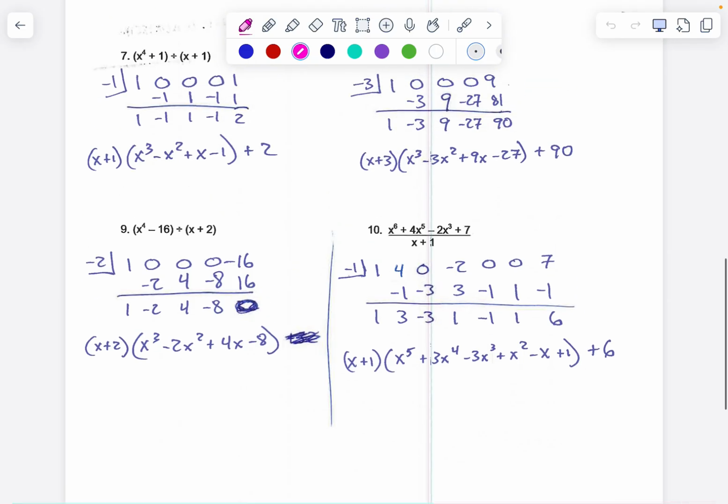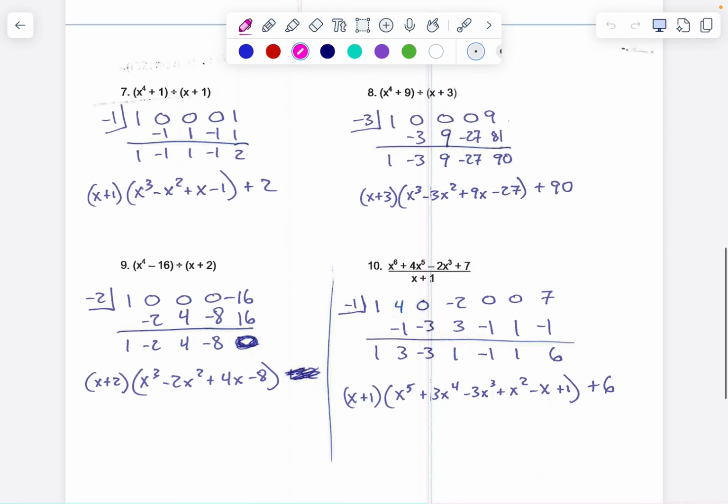I want you, this back page is a good thing to notice this from. So look at yours if it was good. Look at mine if it wasn't. And first thing I want you to notice is every one of these, we start with 1 degree higher than we end with. So 4 to 3, 4 to 3, 6 to 5, and 4 to 3.